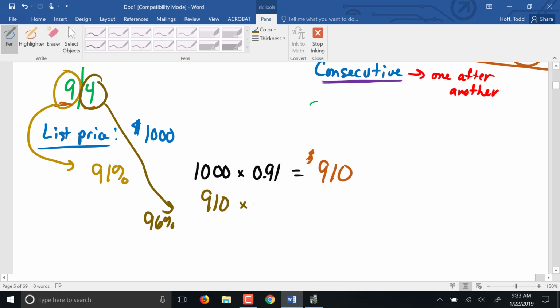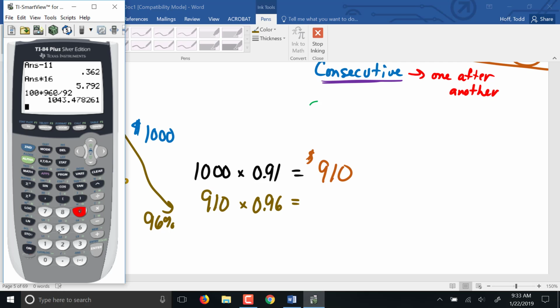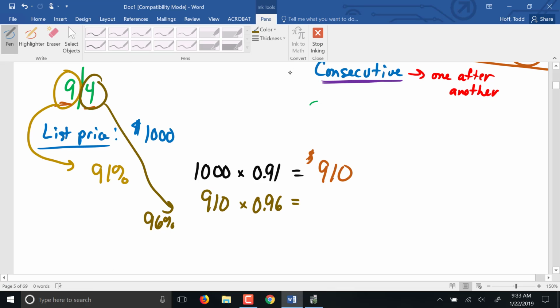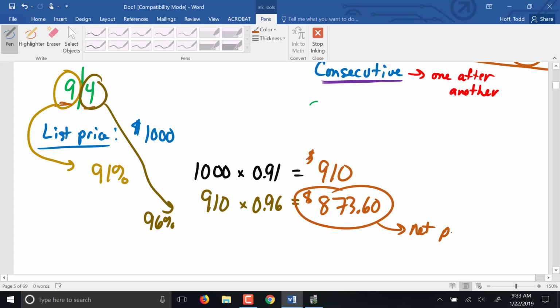So we would take that 910 times 0.96, which is going to give us $873.60. That is our net price after the chain trade discount, after the two discounts here.